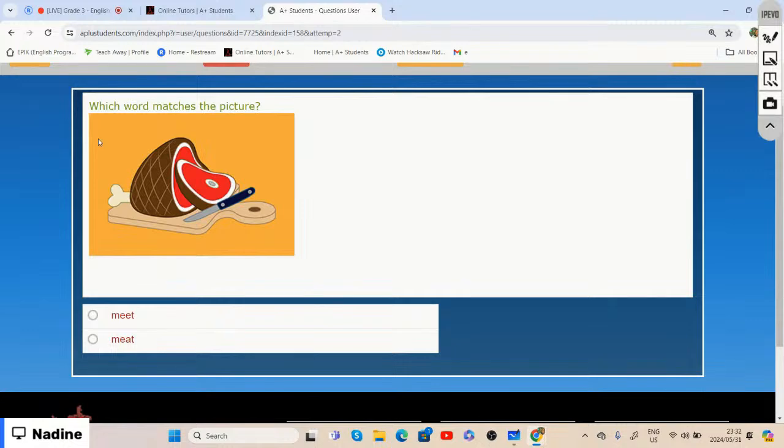All right, if we were to choose the correct word that matches the picture, then we'd say it's meat. It's food. And the first option, meet, is like to meet a friend, like I'm meeting up with a friend. So option two is correct.